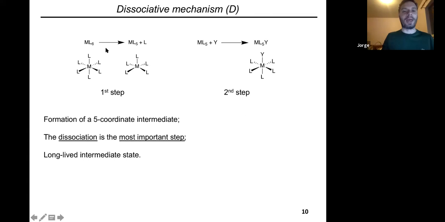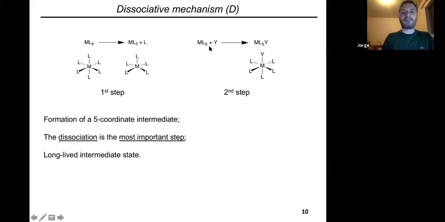So ML6 is going to form an intermediate complex ML5, and the geometry is going to go from octahedral to square pyramid. Okay, so this is very important. We are going to change the geometry, so we are going to change how the ligands interact with the orbitals of the metal, and that will have an influence on the energy that we are going to see on Friday.